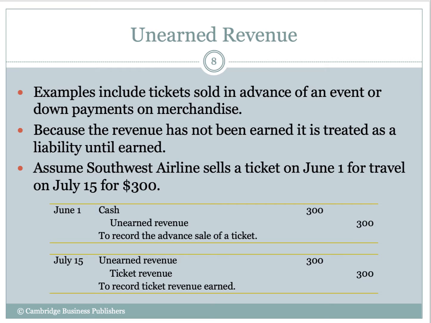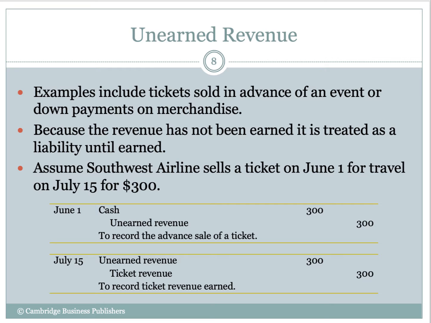Okay, so how exactly do we calculate these payroll taxes and how do we deal with unearned revenue, right? So let's just look at a quick example of unearned revenue. We've seen this before. What are examples of unearned revenue? Well, tickets sold in advance for an event or a concert, maybe a down payment on merchandise that will be delivered later.